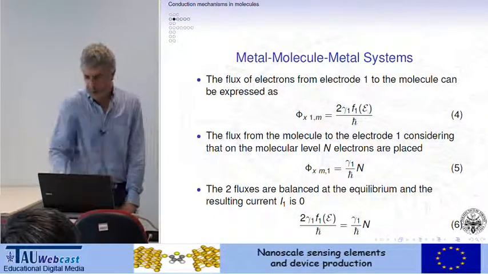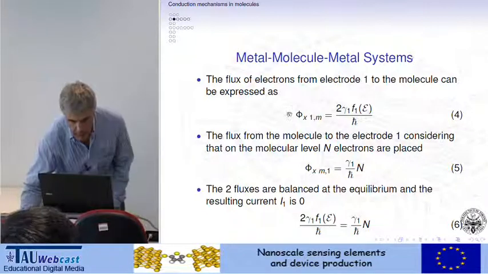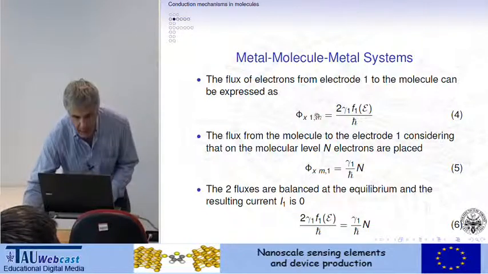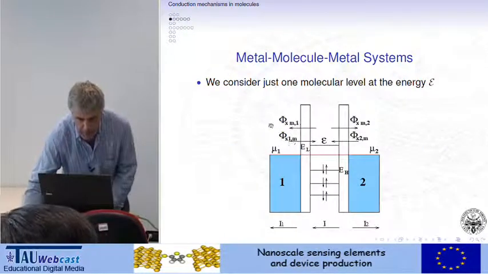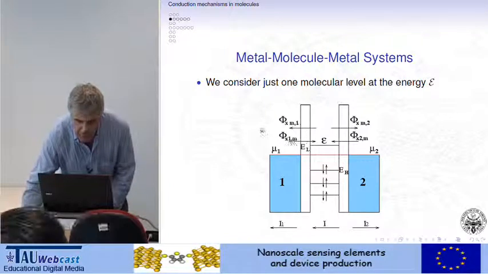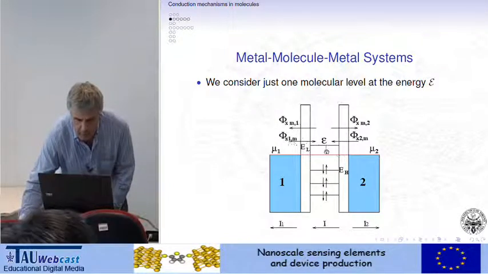So the first expression is related to the number of electrons per unit of area per unit of time, a flux, obviously, for the electrons traveling from the electrode 1 to the molecule.